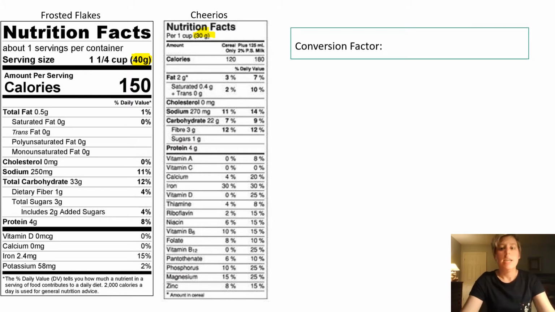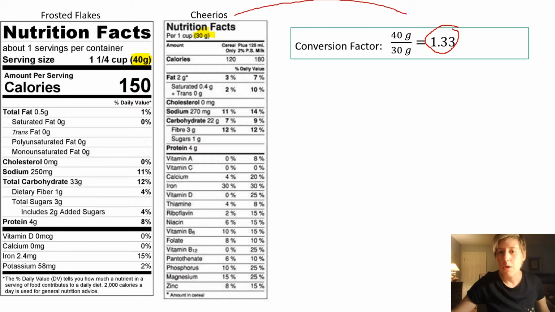In this case, it's the larger serving size, Frosted Flakes at 40 grams, divided by the smaller serving size, Cheerios at 30 grams, and we get 1.33. So what this means is that I need to multiply all of my Cheerios values by 1.33. And once I've done that, I have a comparable amount per category for serving size.